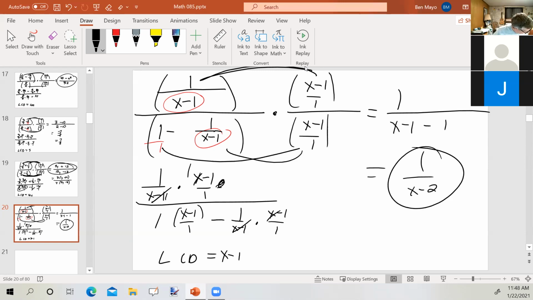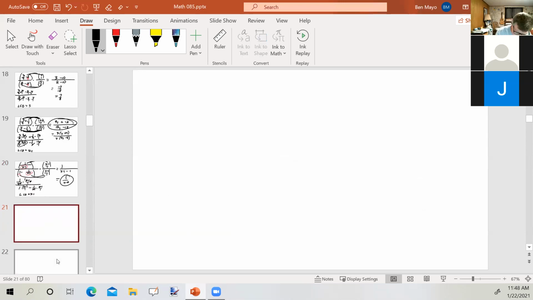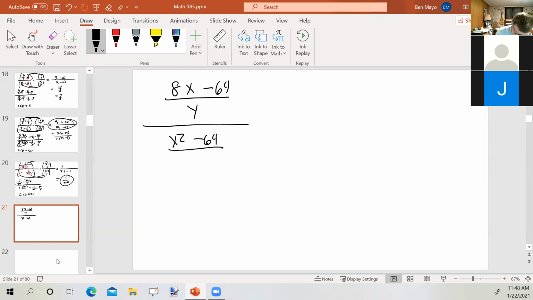All right. How about this one? 8x minus 64 over y divided by x squared minus 64 over y squared. Now, this is a single fraction divided by a single fraction.